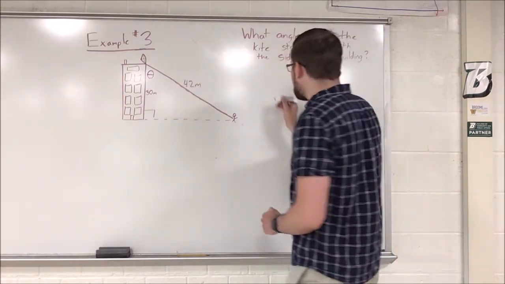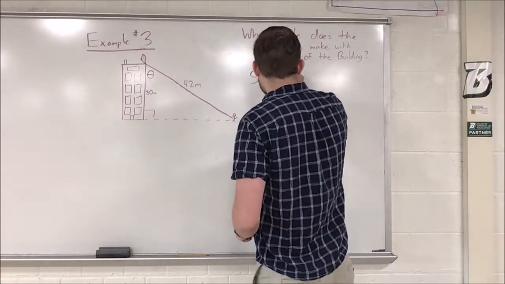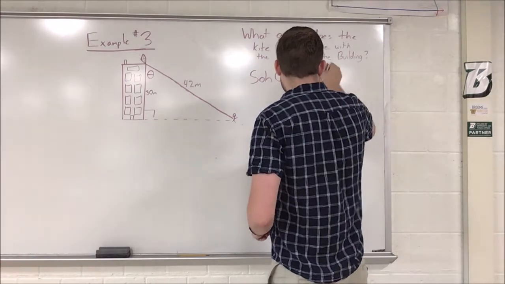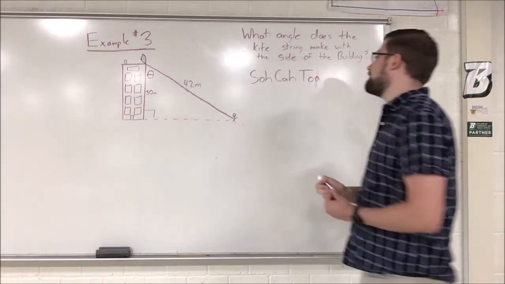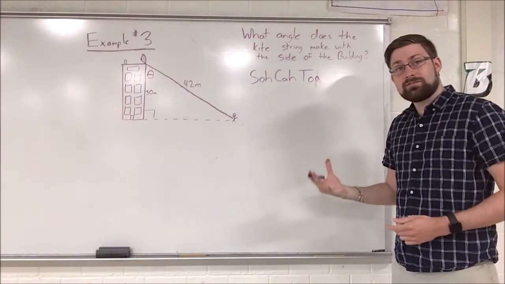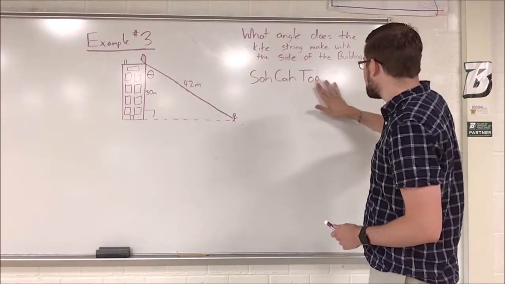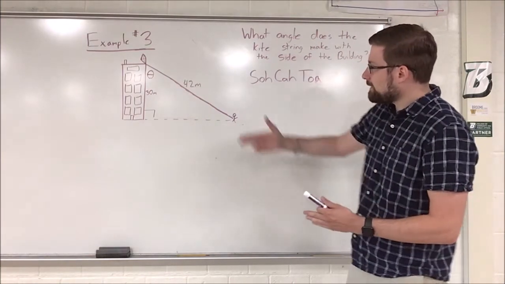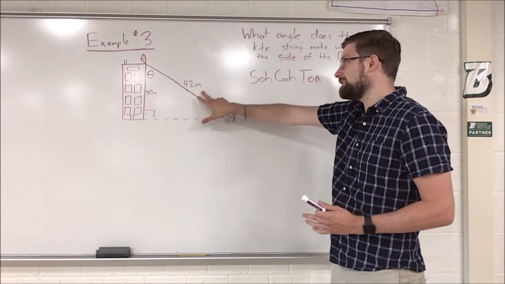Okay, so the first thing we want to do is use SOHCAHTOA to figure out what trig function is going to help us get to the answer here. So let's check it out. We've got the hypotenuse, the largest side of the triangle, easily identified.